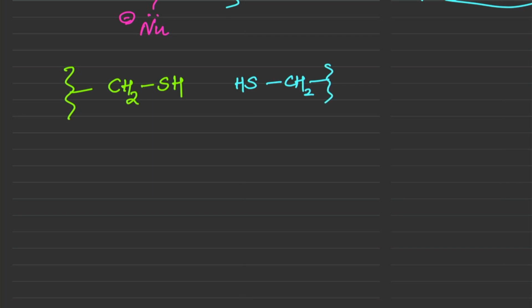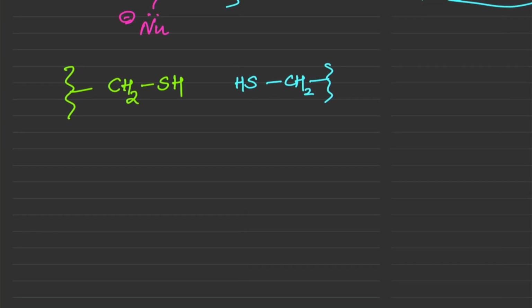Just know all the thiol-containing compounds are stinky compounds. They smell pretty bad. So you can make a disulfide linkage from here. Two cysteines can oxidize. When you remove the hydrogen, these two cysteines can oxidize to make a disulfide linkage.